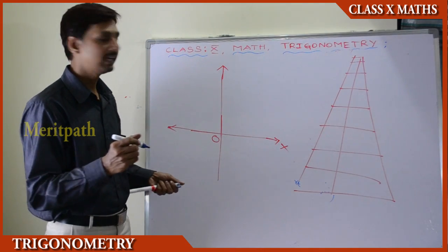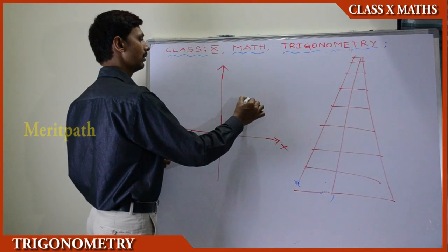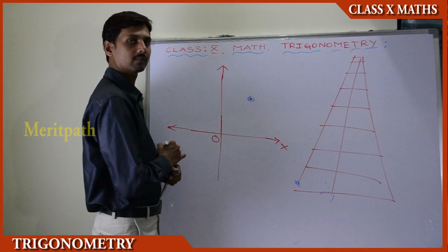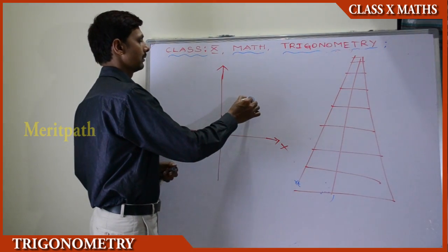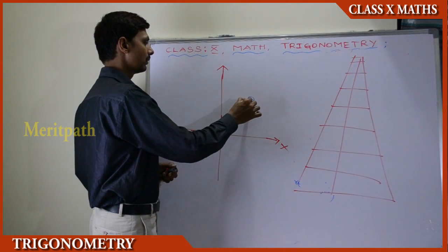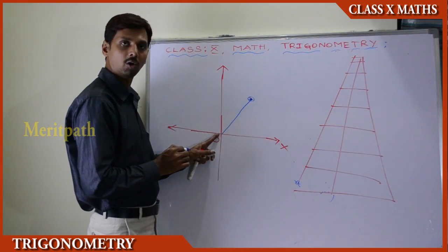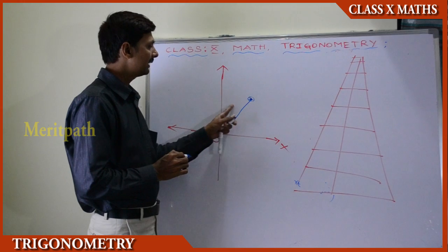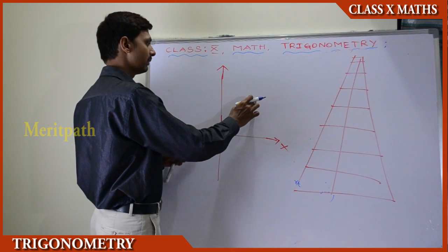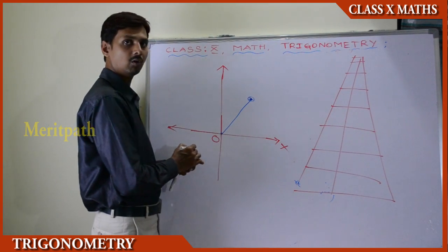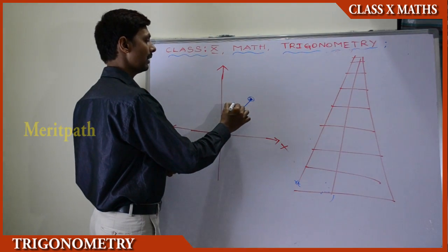Let us take any one point on the Cartesian plane. When we join that point to the origin, we get a distance from that point to the origin. This distance is nothing but r.